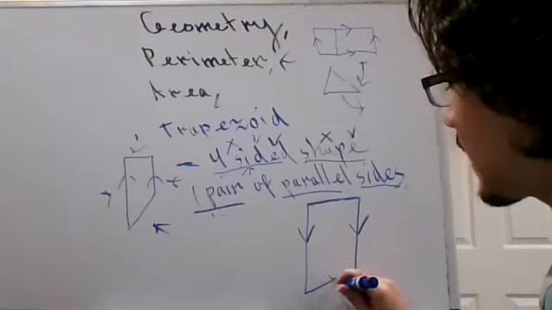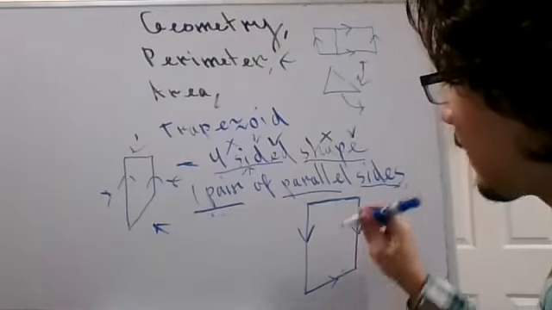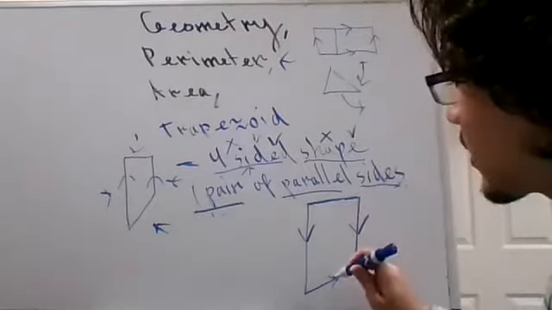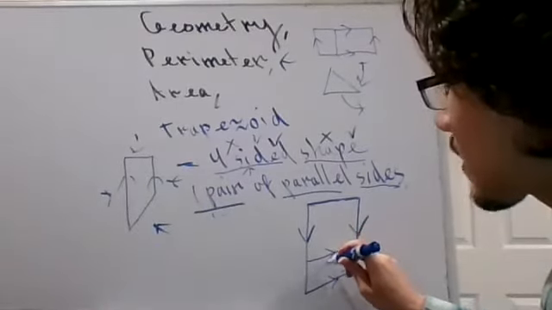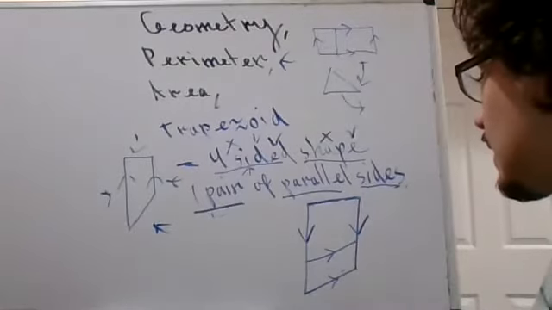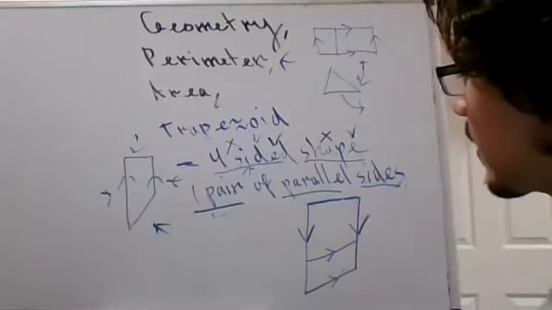So let's take a line, let's say this line, and let's try and break it down. So if we were to simply draw a rectangle like this, we would be left with a trapezoid.